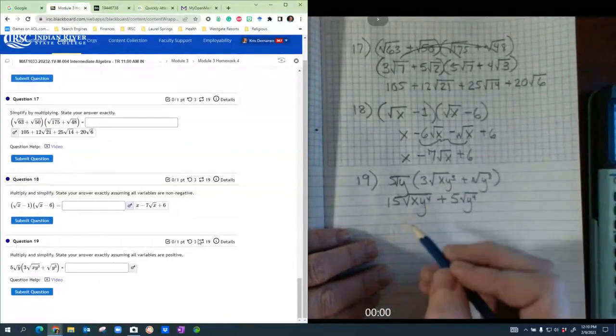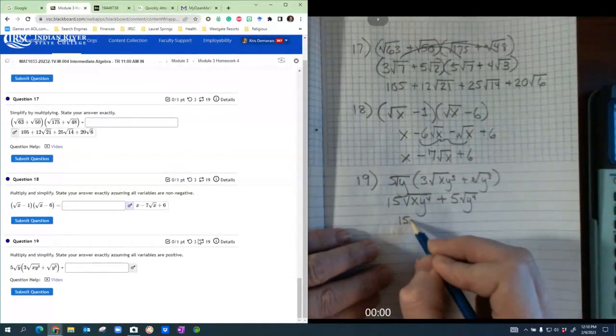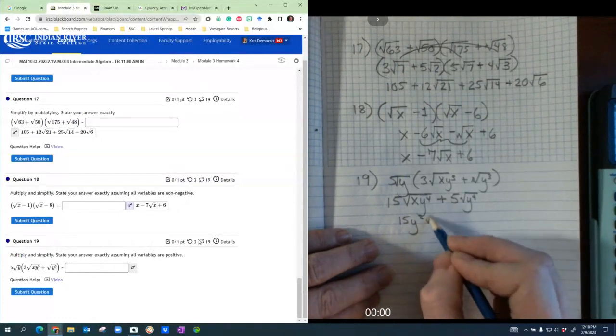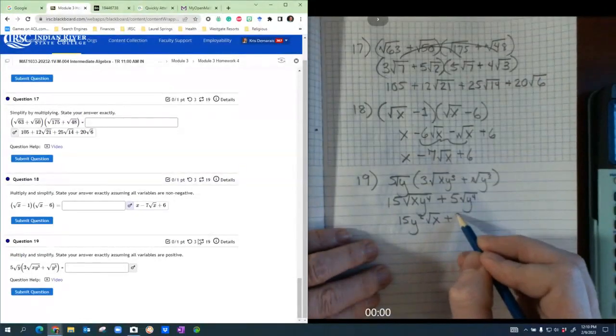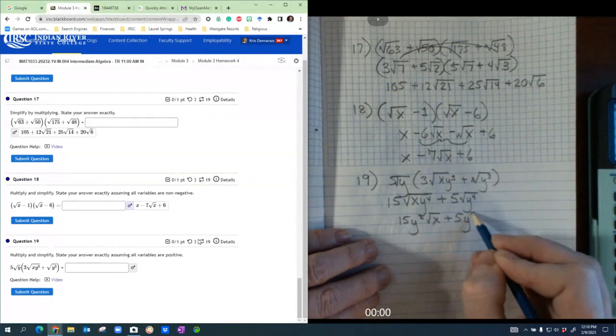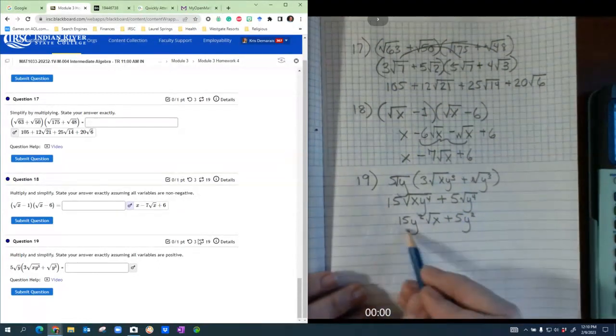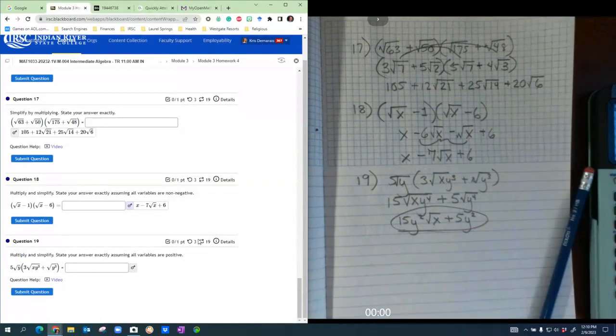Now the radical y to the 4th comes out as y to the 2nd, radical x, and there's our answer. Because you can't combine it together.